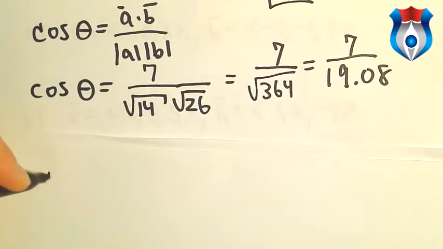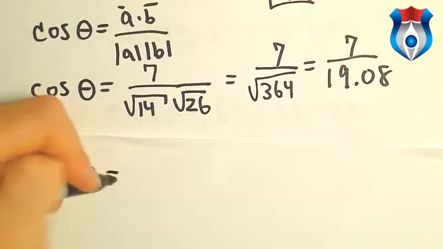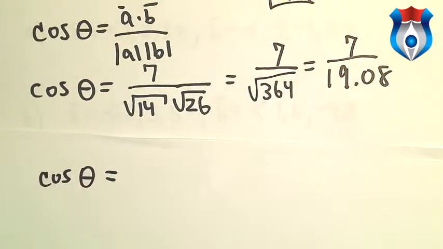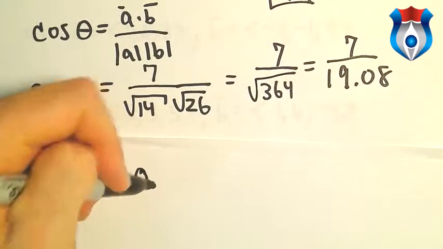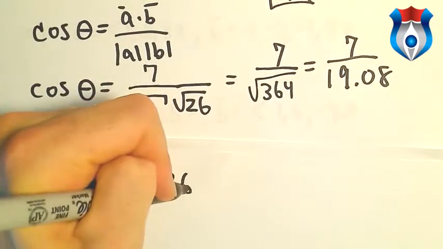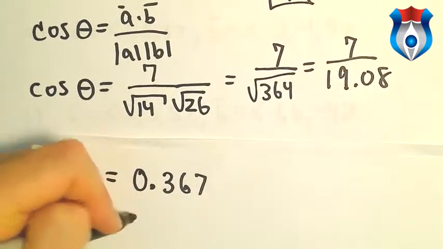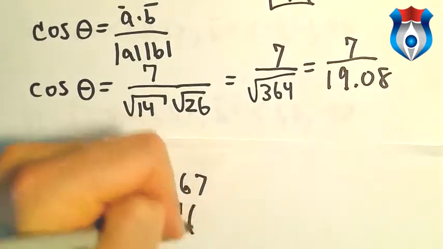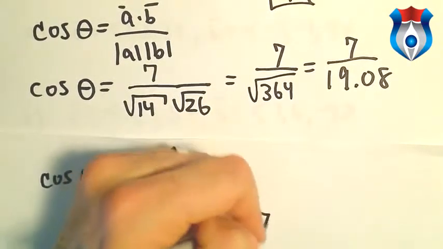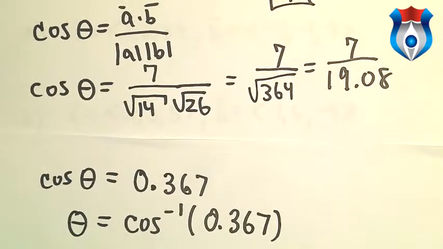Alright, so we're almost there. We've got cosine of theta equals 7 divided by 19.08. So that's going to give us 0.367 after rounding. And then to figure out the angle, we'll just do inverse cosine of both sides. So we'll have to do the inverse cosine of 0.367.